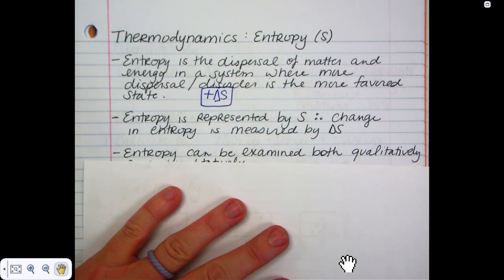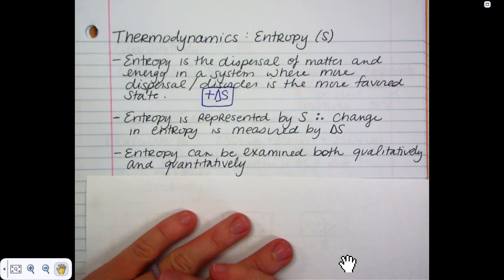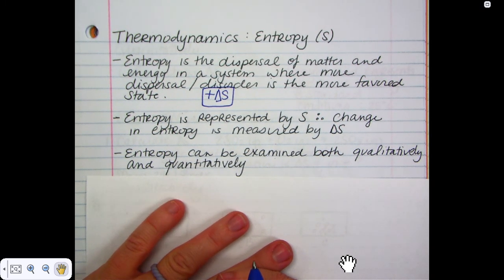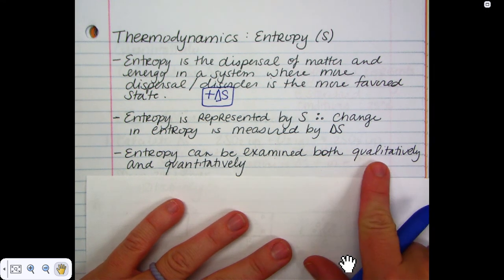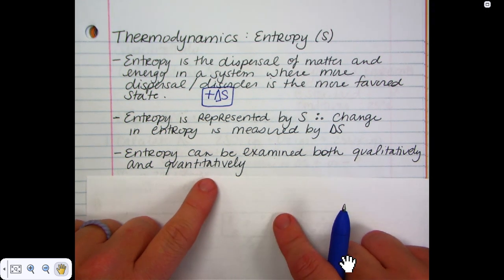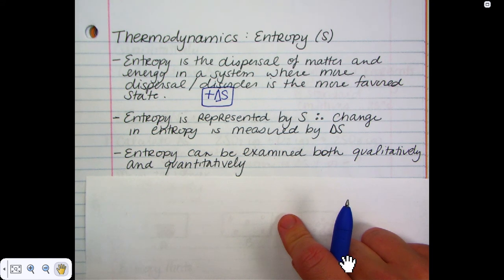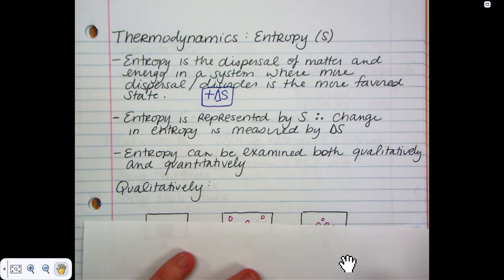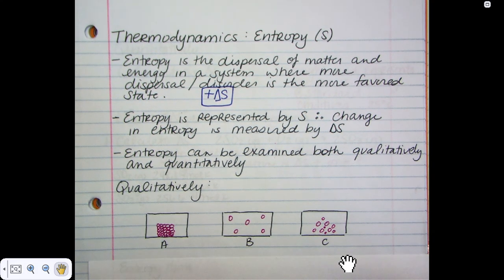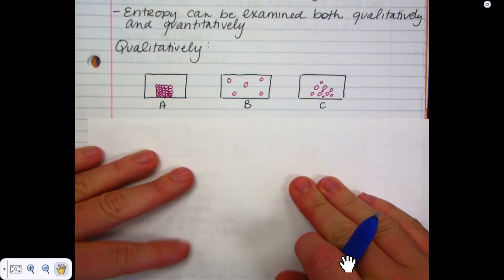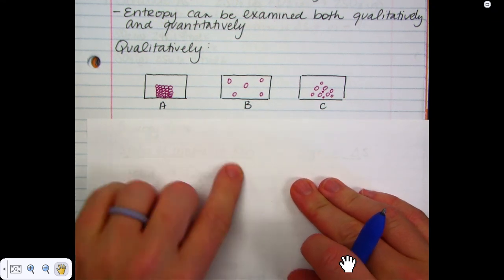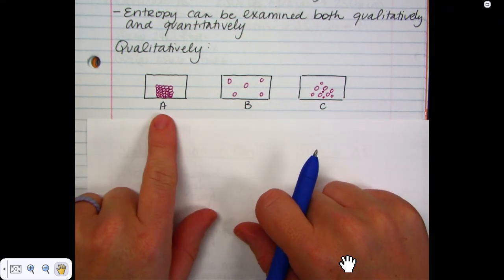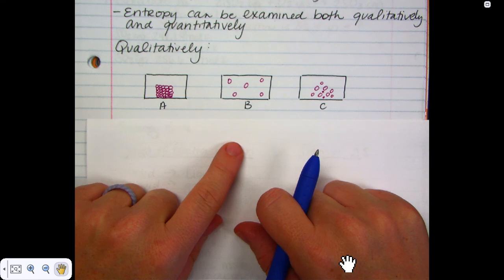So entropy can be examined both qualitatively and quantitatively, meaning by description and by calculation. We're going to look at the description portion first. So qualitatively, I have 3 boxes. The red, burgundy, whatever color we want to describe these circles in the boxes, are different states.